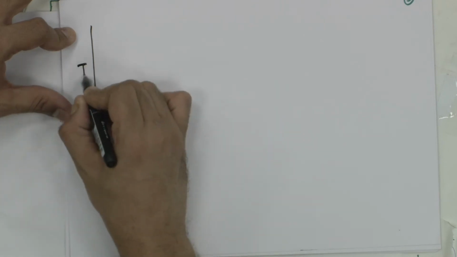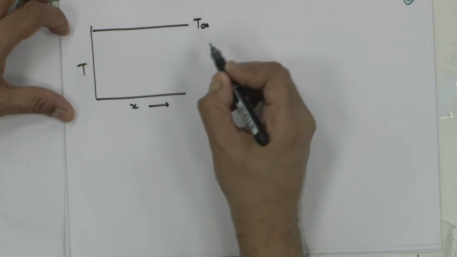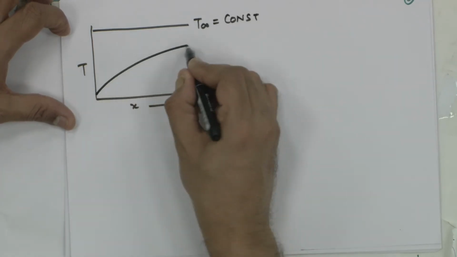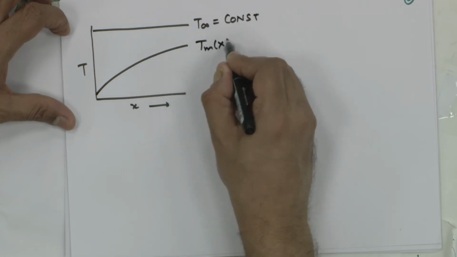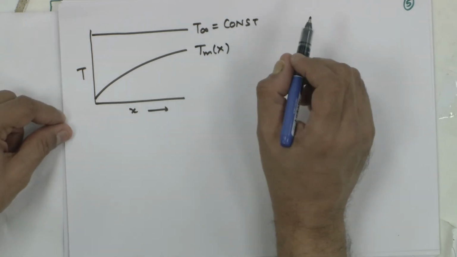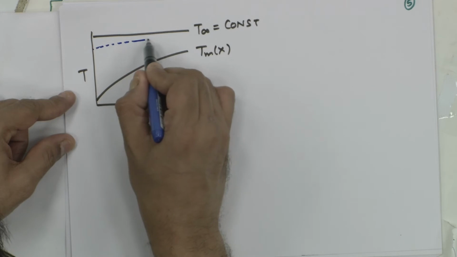So, if I were to plot this again, T as a function of x, T infinity is constant, T bulk mean is varying with respect to x, and hopefully this TW1, TW2 etc. would be something like this.